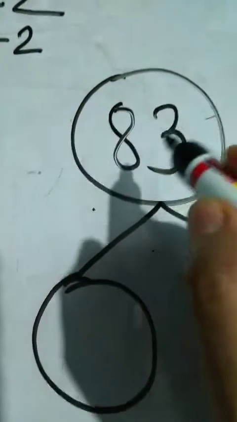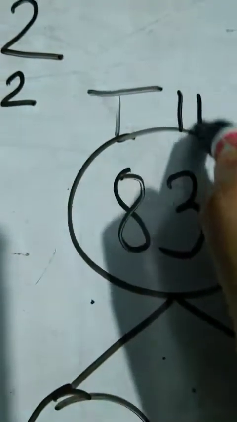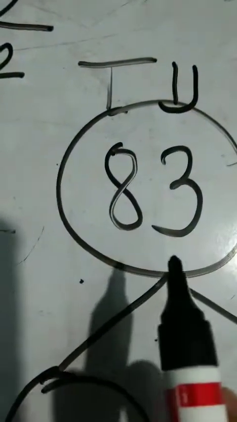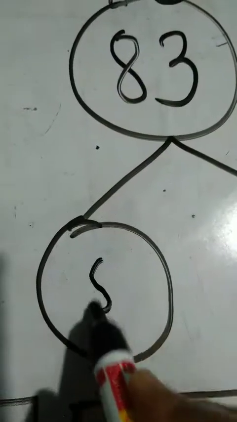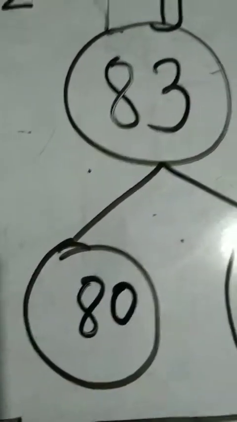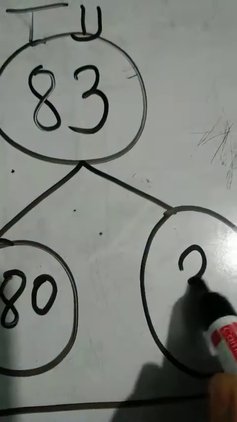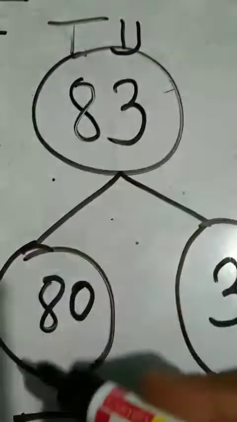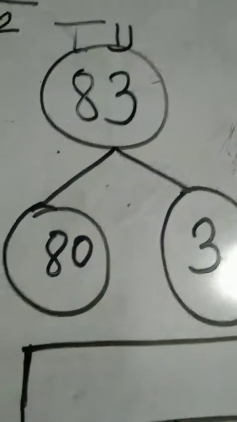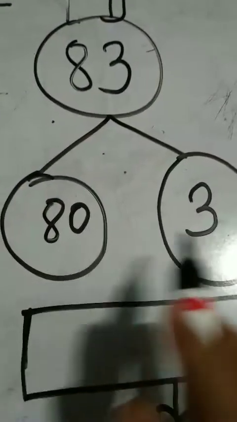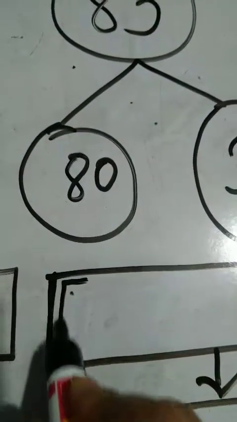It's number 83. So let us divide it into tens and units column. Place value of 8 is what? Place value of 8 is 80. And place value of 3 is 3 units, because 3 is standing at units place. 8 is standing here at tens place. So 80. So now tell me this number in words. This is 80. So tell me the spelling of 80, children.